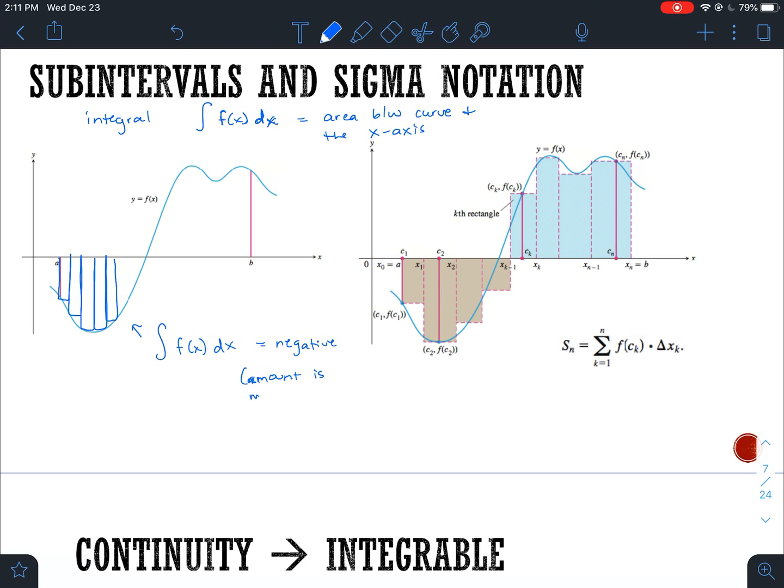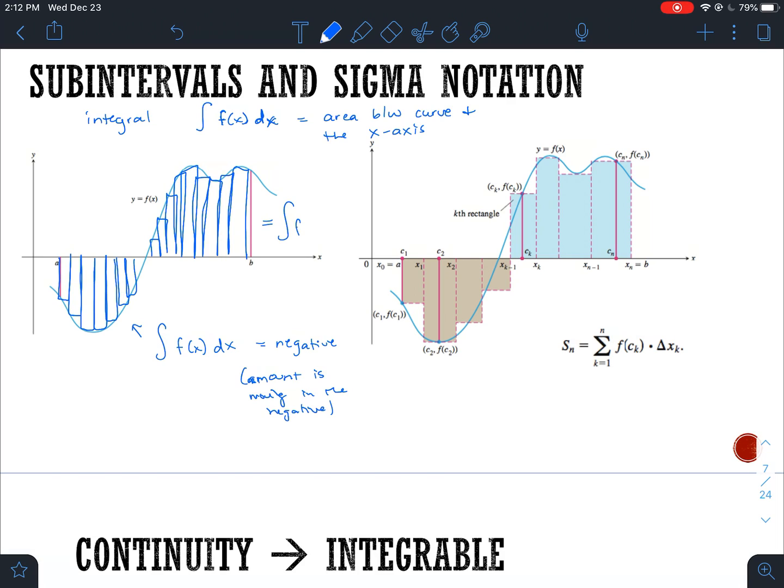It just means that the amount that's accruing, like if you're thinking about this as a displacement, if this is a velocity curve and you're finding the area, is moving in the negative direction. Or if the rate of change is like you are shoveling snow, it's the amount of snow that you removed during that time.